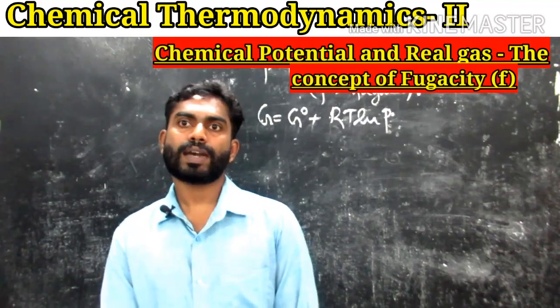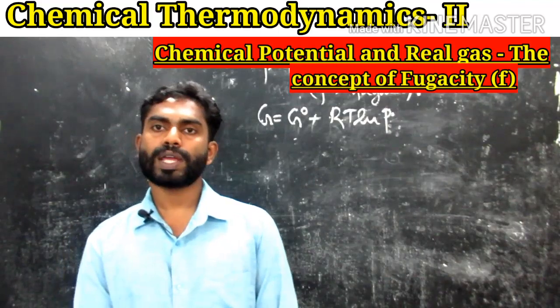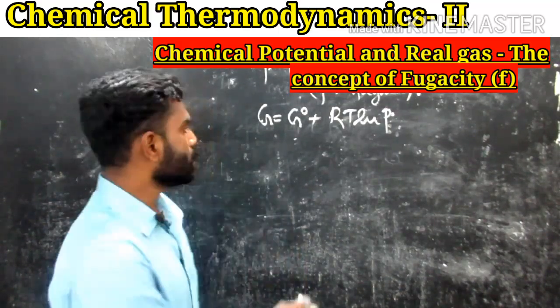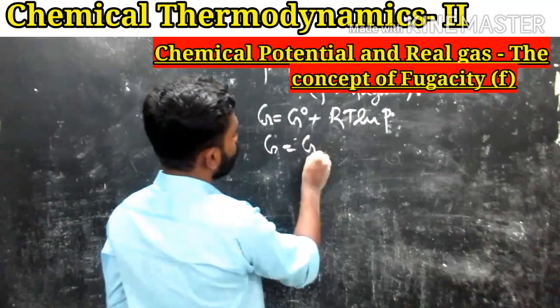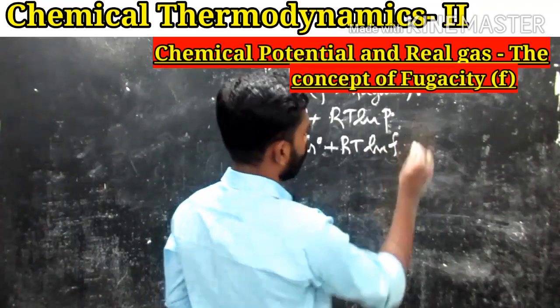One way of defining fugacity F is to give an equation for a real gas analogous to the equation shown below: G is equal to G0 plus RT ln F.